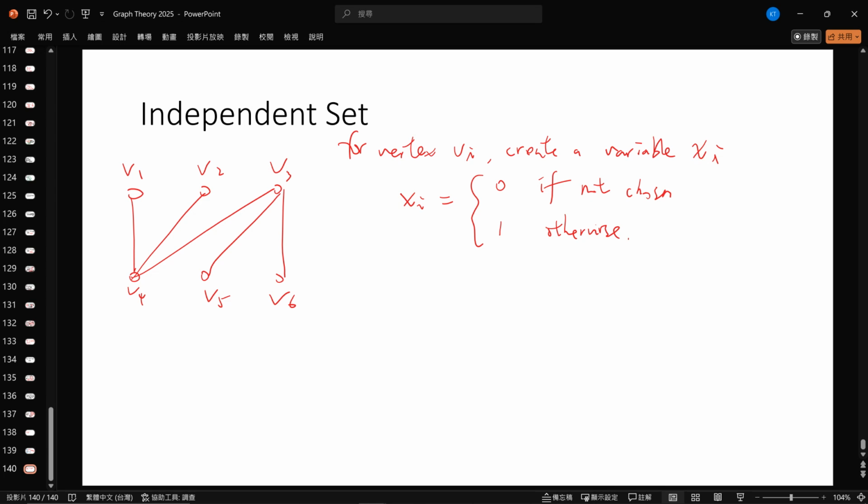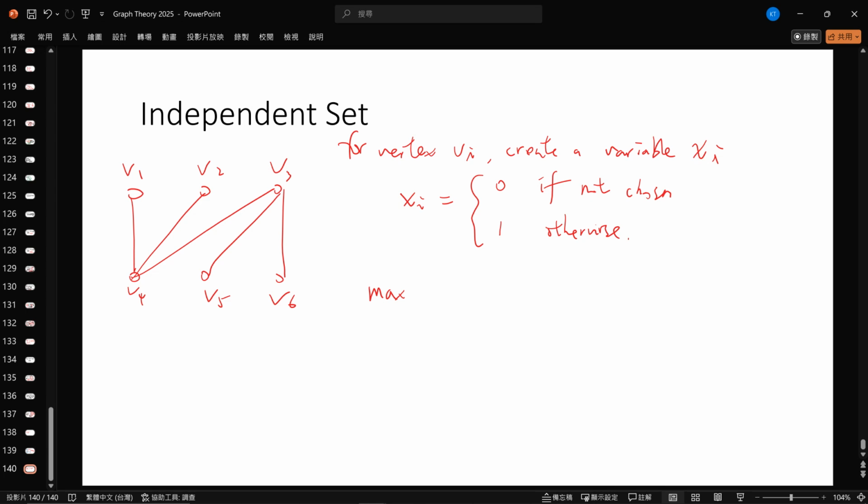And the next step is the objective function. So what is the objective function? We already know that each vertex has a corresponding binary variable xi, so 1 means chosen and 0 means not chosen. Now we write the objective. This is a maximization problem because we want to maximize the size of the independent set.